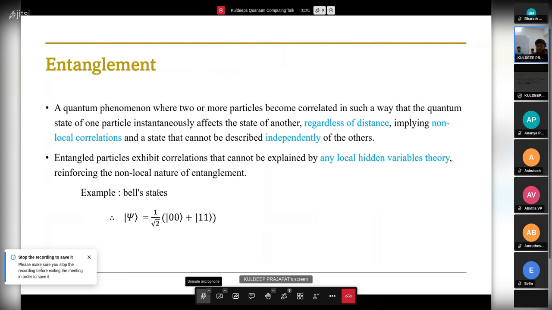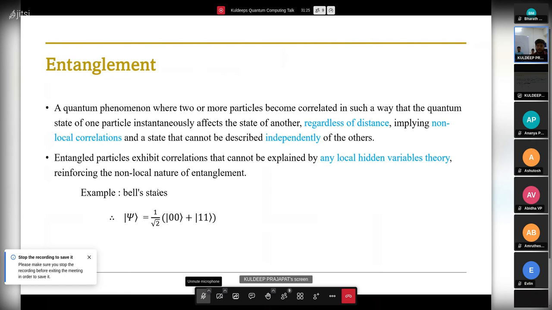If you toss a coin, you can see the rotation and the applied torque, and you can tell the possibilities of it coming up head or tail. But in entanglement, you can't say that, because you don't have any variables to define it. So this is called non-local correlations.